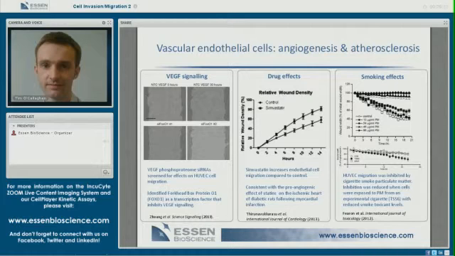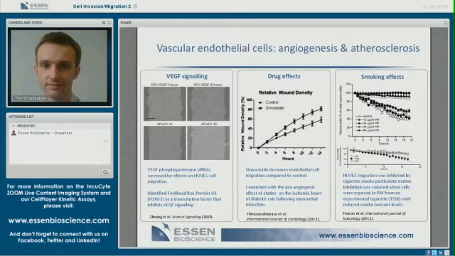Napoleone Ferrara's lab at the University of California, in combination with Genentech, showed with a HUVEC migration assay, a HUVEC migration screen, that they actually screened VEGF phosphoproteome siRNAs for effect on HUVEC cell migration. In the study, they identified forkhead box protein O1 as a transcription factor that inhibits VEGF signaling.